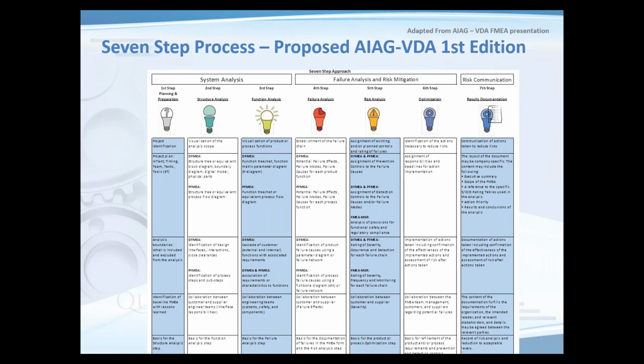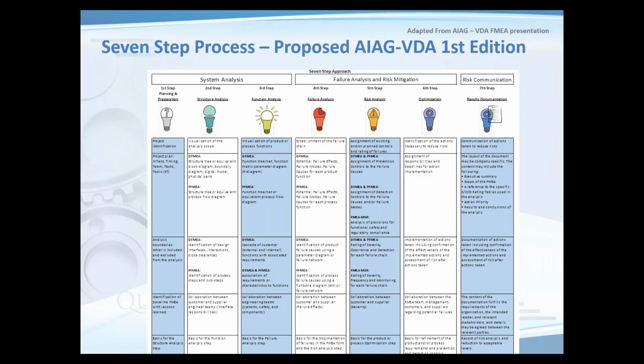Now, this is another change that's going to happen with this new AIAG-VDA Handbook. In the 4th edition, we said that the format of the form was at the discretion of the company, and as long as it had the basic information, it would be acceptable.